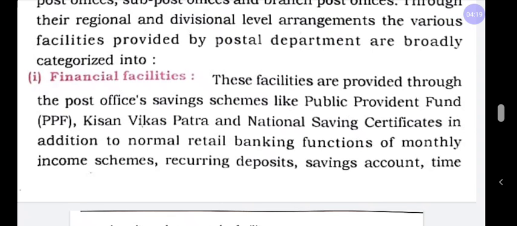These financial facilities are provided through the post office in the way of savings schemes like Public Provident Fund, in short PPF, Kisan Vikas Patra, National Savings Certificate, in addition to normal retail banking functions: monthly income scheme, recurring deposits, savings account, and time deposit. These are the financial facilities offered by the postal services.